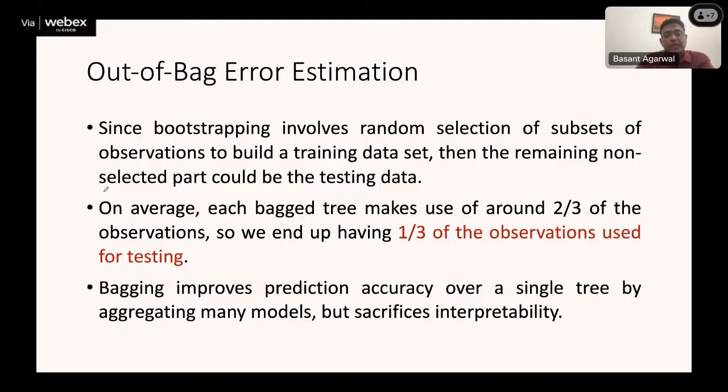For each subsample, the remaining 1/3 of the observations we can use for testing, and that is called out of bag error estimation. That can be used for further improvement of that particular model, and also for estimation of the error.